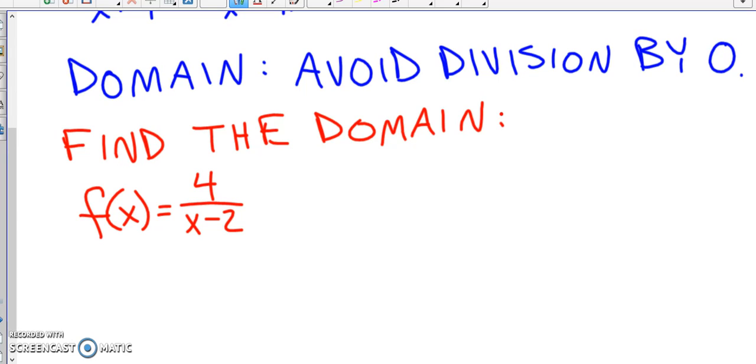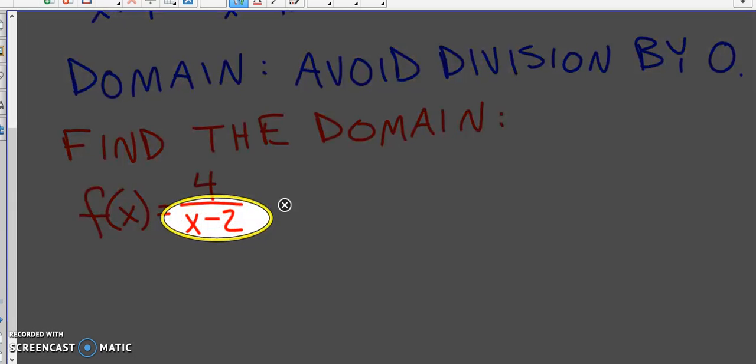So I look at this and I say, okay, what value of x would make the denominator equal to 0? Specifically, I look at this part right here, and I say, okay, what value of x would make that equal to 0?